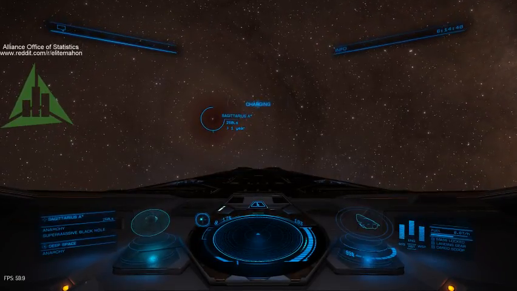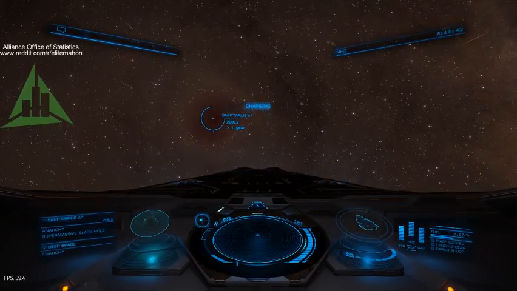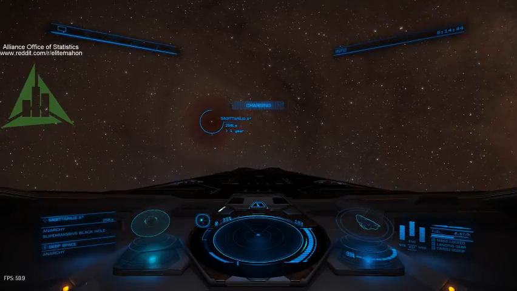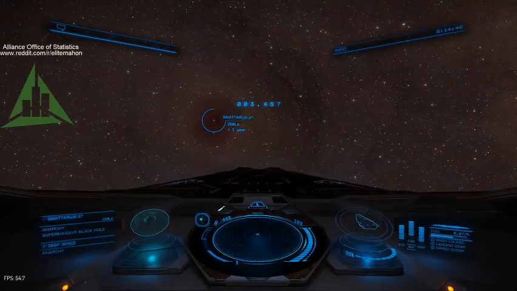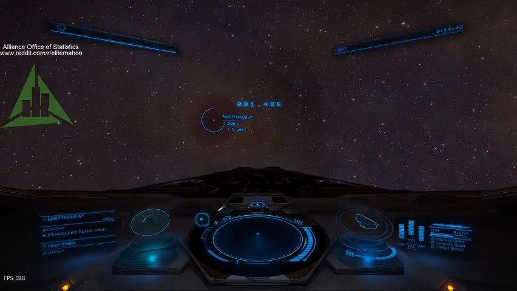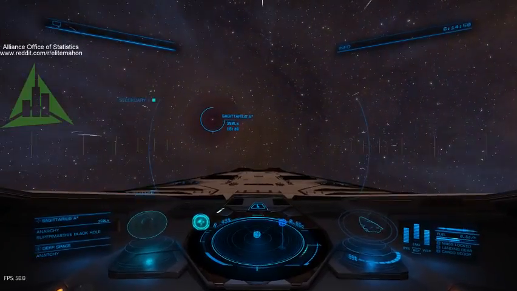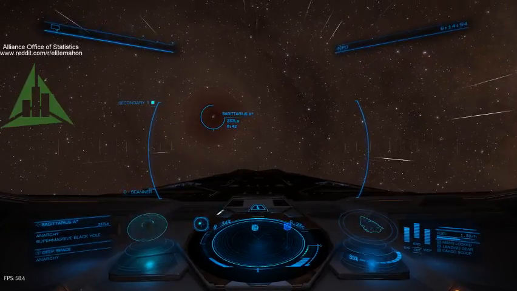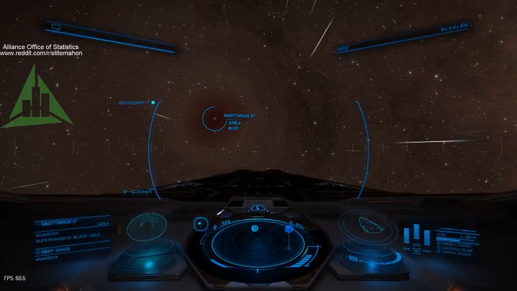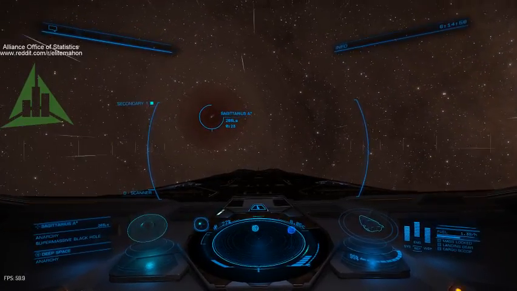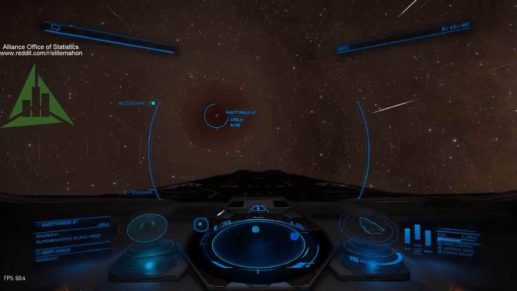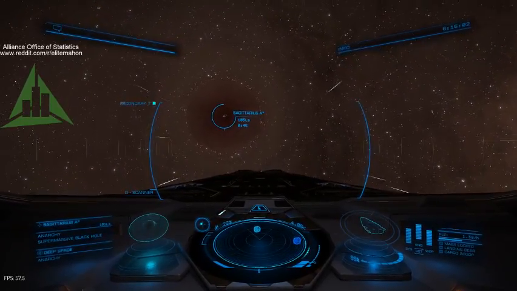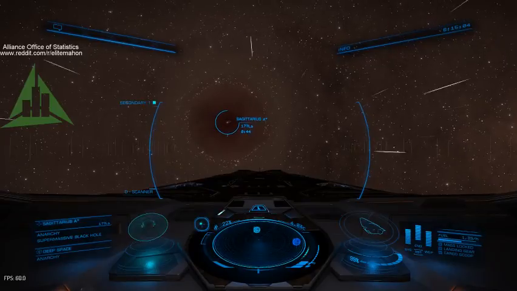Let me actually go into Super Cruise so I can get up close. So I've done some analysis on the black holes in game, and some other people might know this, but there's an exact linear formula that the devs have put in that determines the exclusion zone of the black hole, which in no way is based on anything in real life. But there's only so close that you can get to the black holes in the game before you just can't move any closer.